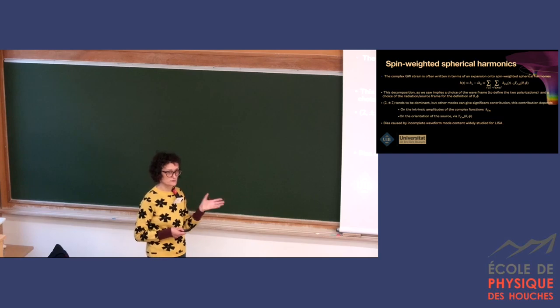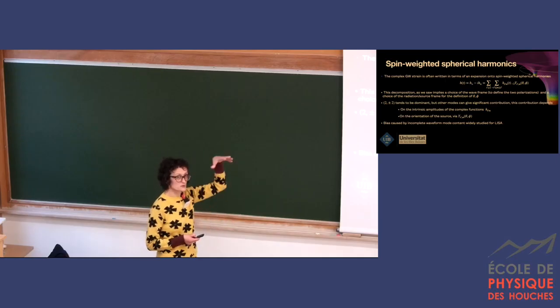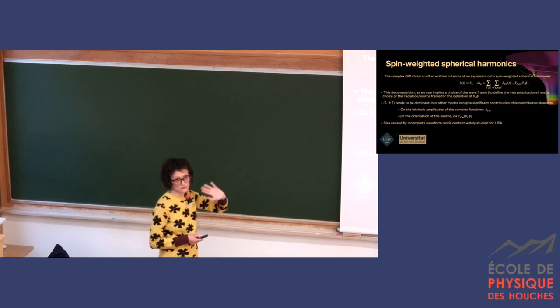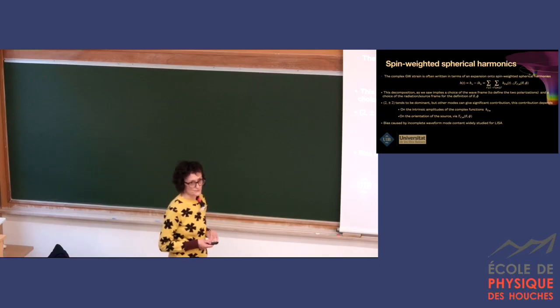So you have to consider not only the intrinsic parameters of your source, but also where the source is on the sky and how the source frame is inclined with respect to your observer, because that could mean that some harmonics are completely negligible or not. Thank you.